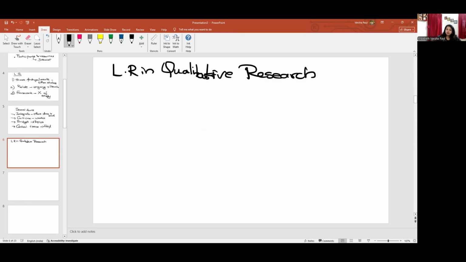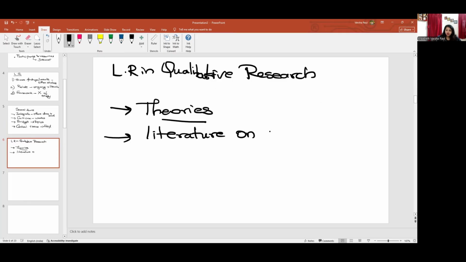So now coming back to the topic, literature review and qualitative research. Mostly in qualitative research, it's based on theories, that is, theory related studies. So here the literature on concepts and critical theories is taken into consideration.